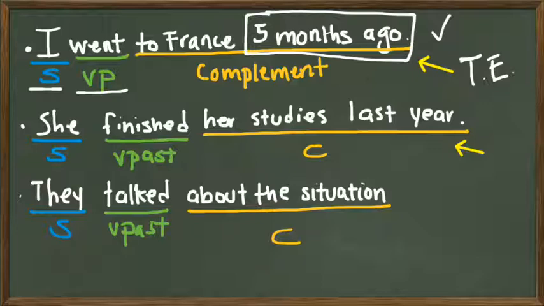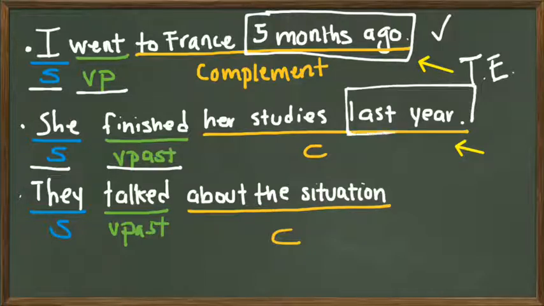The second example: she finished her studies last year. Then again, we have our subject, our verb in past, and the complement we just mentioned before. And also, as you can see, we have another time expression, in this case, last year.